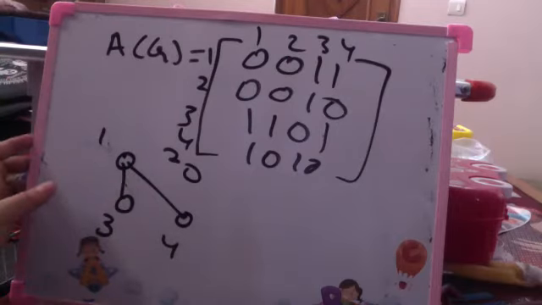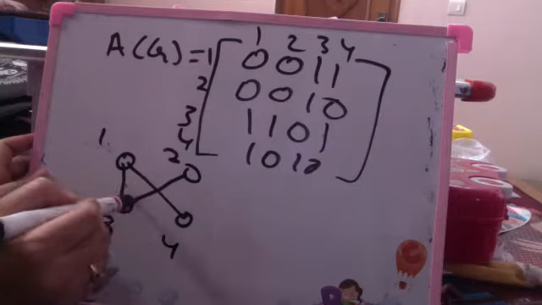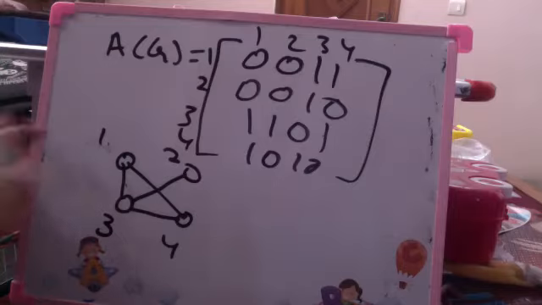Similarly, 2 is adjacent to 3. 3 is adjacent to 1 and 2 and 4. And 4 is adjacent to 1 and 3. So this is what is given in the graph.